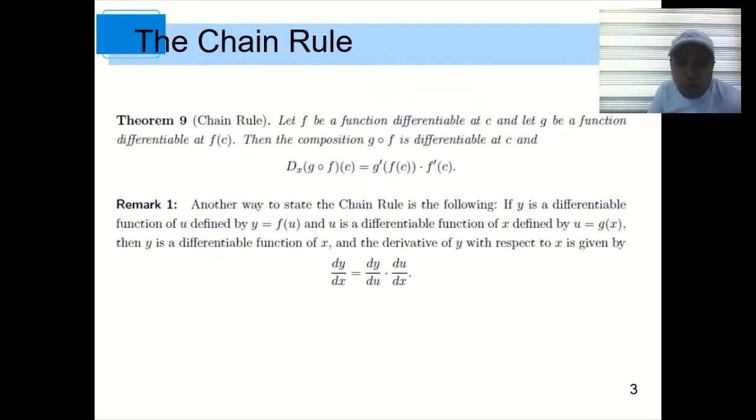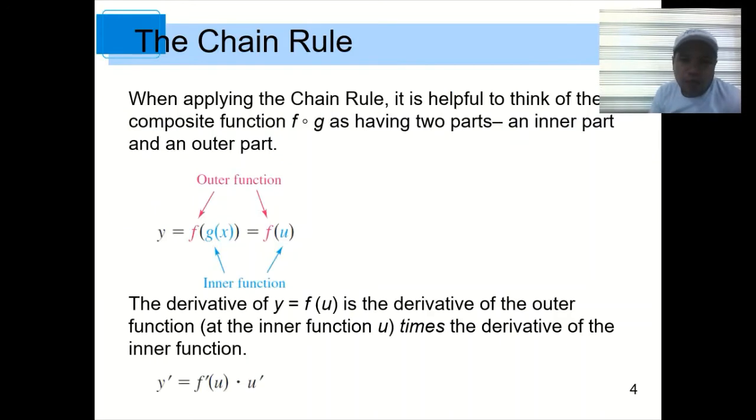Chain rule. Based on the teacher's guide of the DepEd basic calculus, you can treat the chain rule as a composition of g and f. With that, this will be the formula. Another view is dy/dx is equal to dy/du times du/dx. To make it easier, we can treat the composite function f of g as having two parts: the outer function and the inner function.